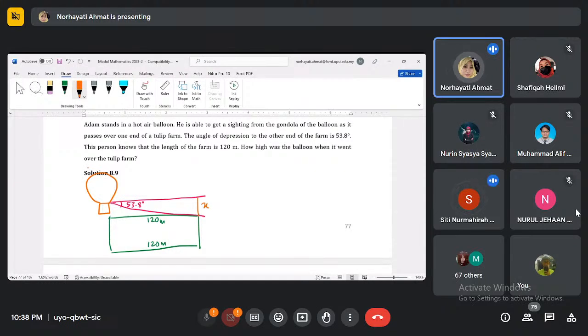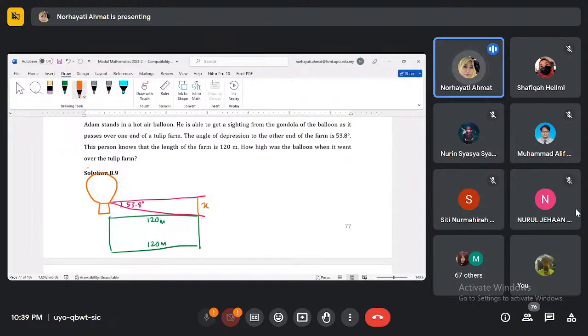Okay, so ini saya lukis ni, this is actually flat. Alright, so now kita tahu height of the balloon from the land, daripada tanah. So ketinggian dia daripada tanah, berapa ketinggian dia?